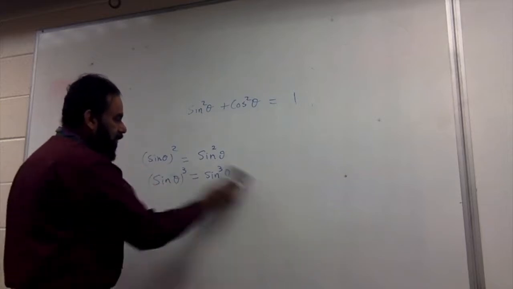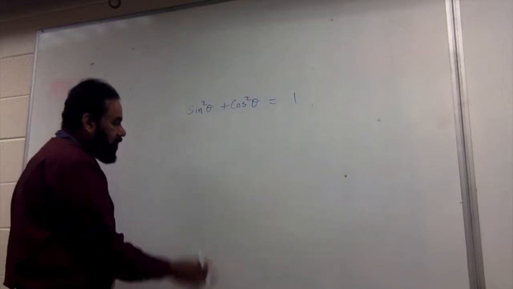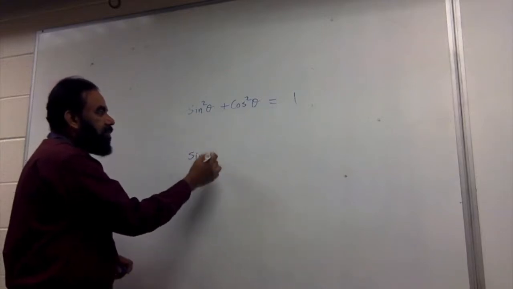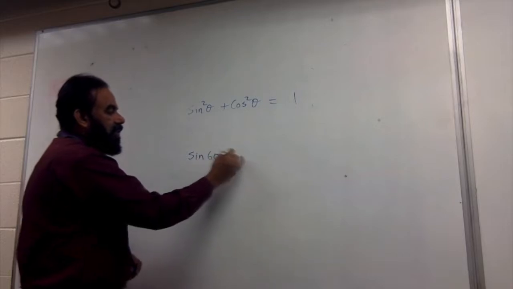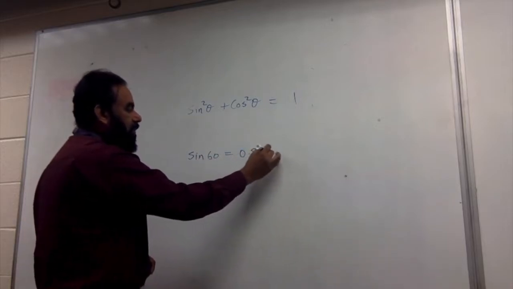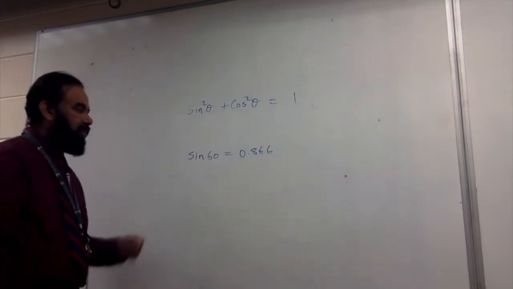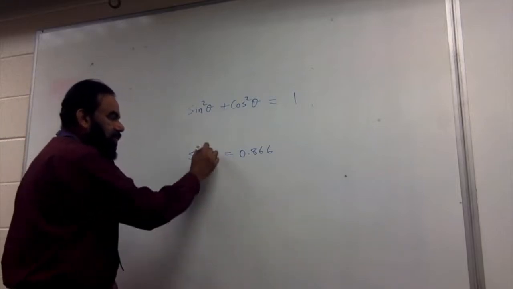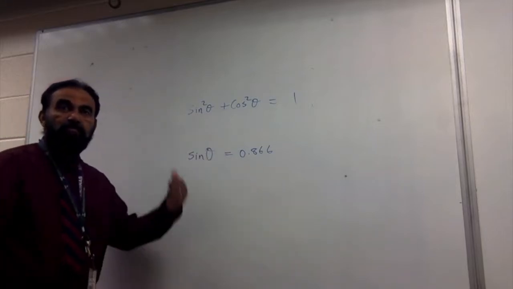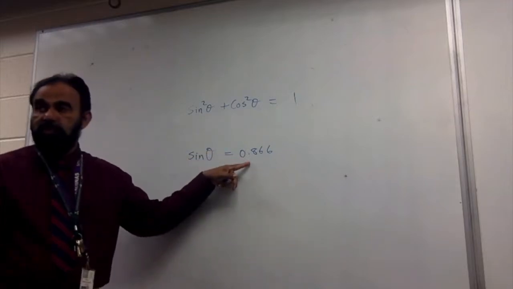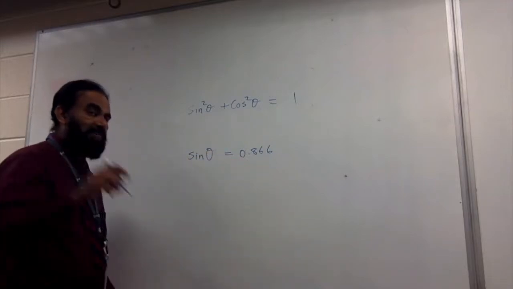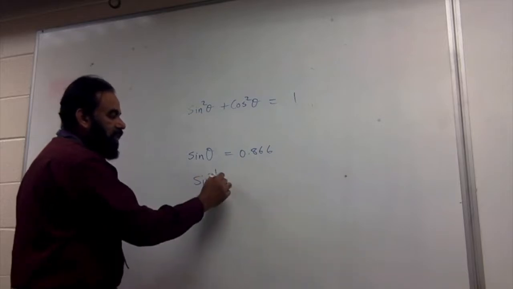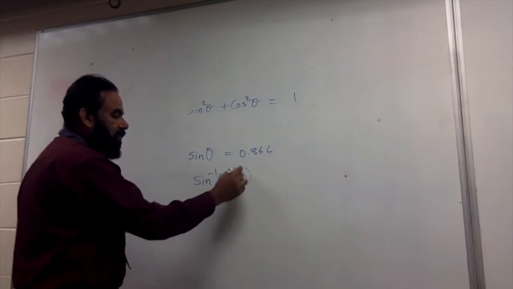Say, for example, sine of 60 is equal to 0.866. Imagine you don't know the angle and you want to find out the angle for which the ratio is this. All you do is press the second function sine, so immediately this will come up, and then put the ratio there, 0.866.